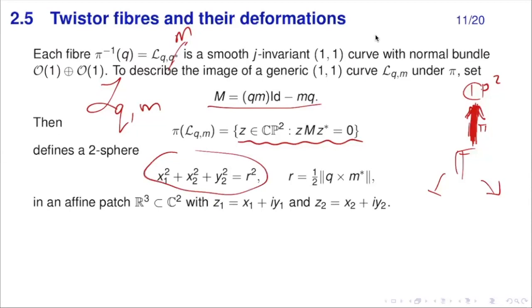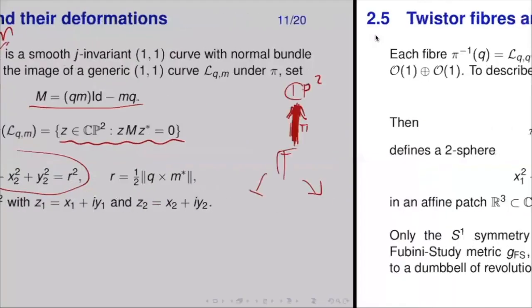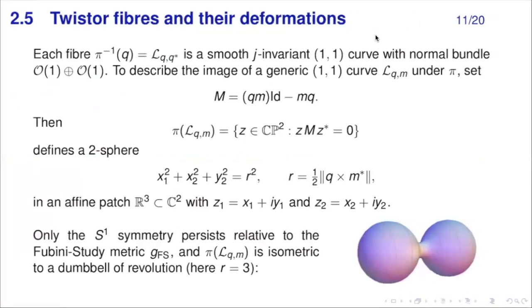Okay, but we're not in Euclidean space, or in S4, we're using the Fubini-Study metric for the complex projective plane. So the question is, what does this surface look like relative to the Fubini-Study metric? And the answer is it looks something like this, typically. You see, the point is, don't forget the structure of these conics, as I called them, LQM. So if M is equal to Q star, when we project this, we just get a point.